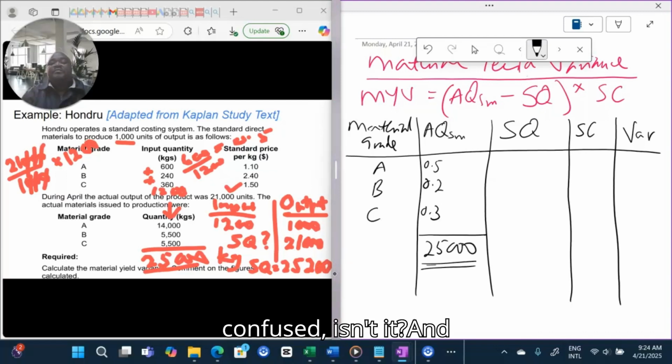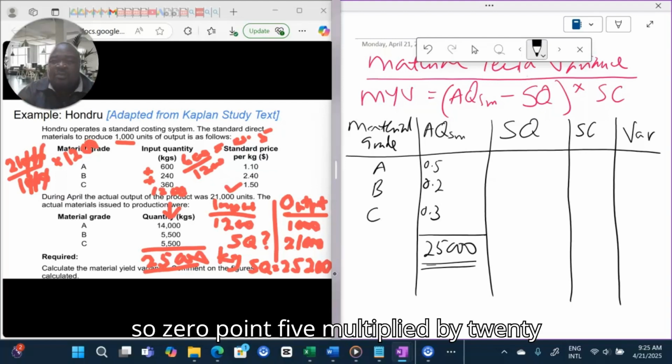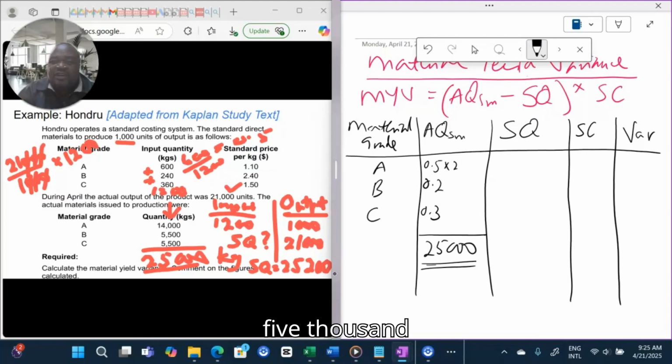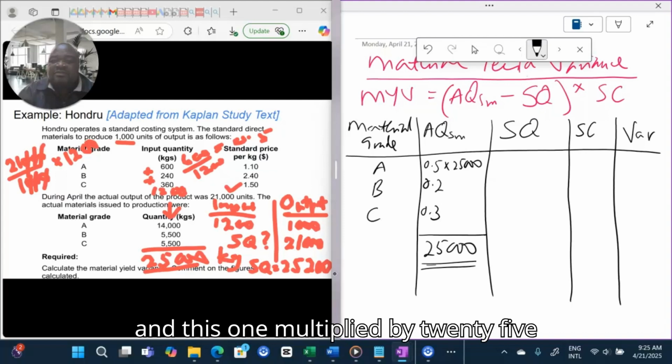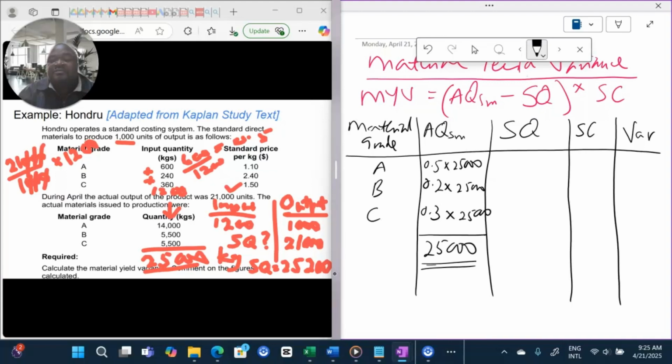Then you redistribute or allocate the 25,000 among the material grades. So 0.5 multiplied by 25,000, this one multiplied by 25,000, this one multiplied by 25,000.